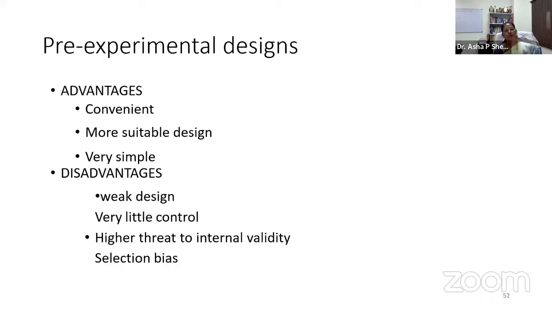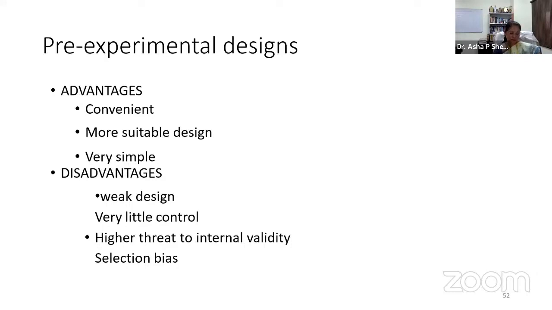The advantages of pre-experimental design: it is very convenient, suitable and simple, especially for students. The disadvantage: it is a very weak design. The investigator has very little control, and there are higher threats to internal validity and also selection bias.